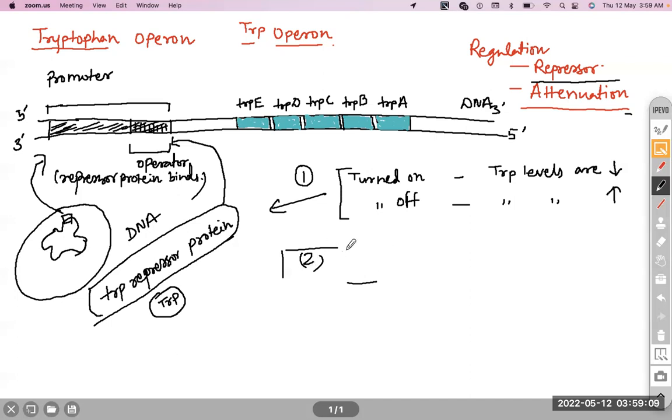Okay, अगर ट्रिप्टोफैन एनवायरनमेंट में प्रेजेंट है then E. coli bacteria will not need tryptophan. So they will not switch on these genes. So the transcription of these genes in the TRP operon will be switched off.